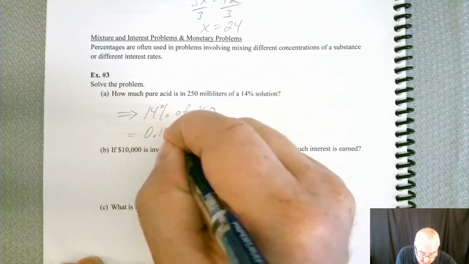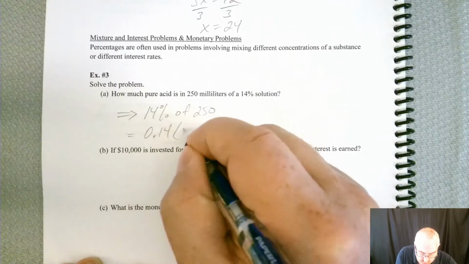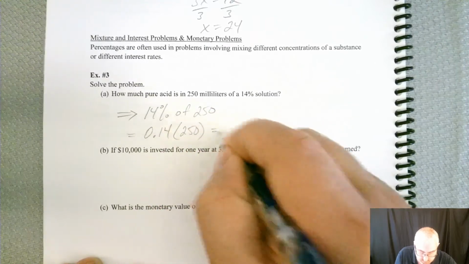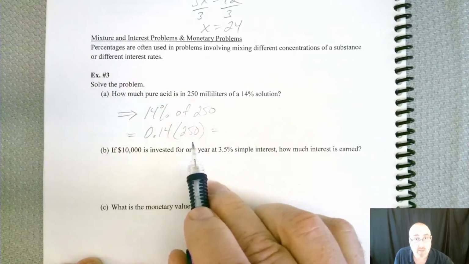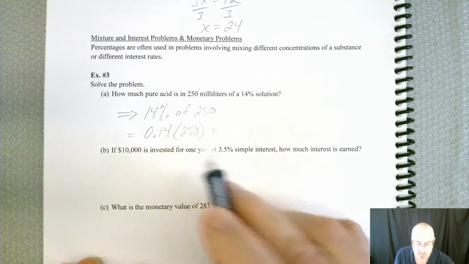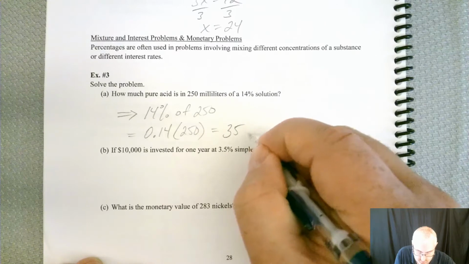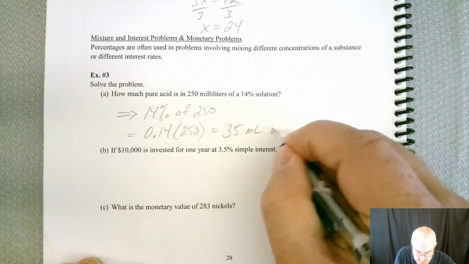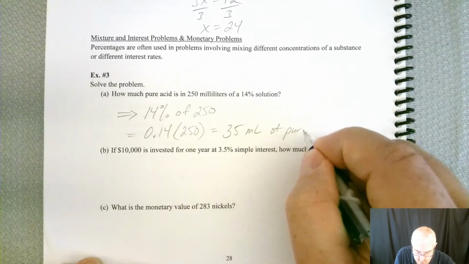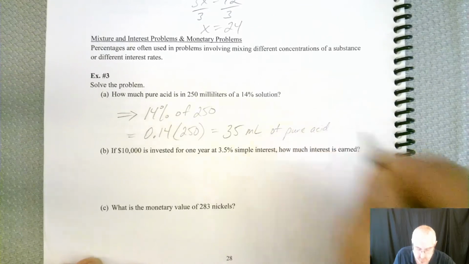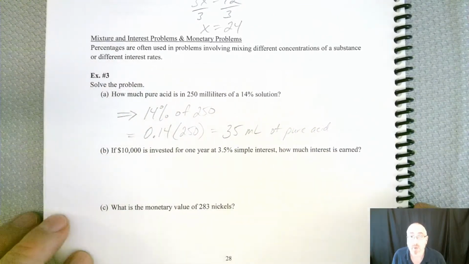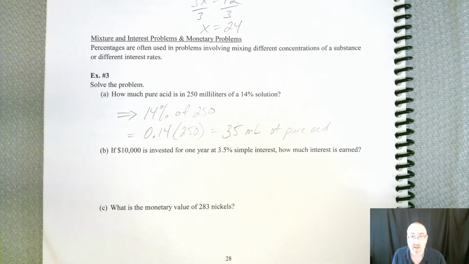But be careful, change that percentage to a decimal first. So 0.14 times 250. I want to say that that's 35. So 35 milliliters of pure acid is in there.